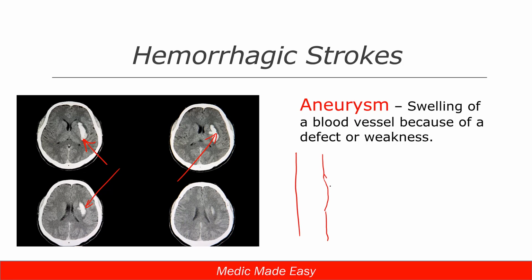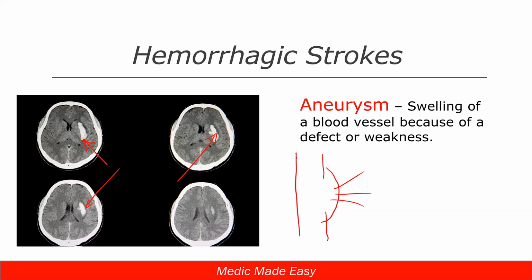And if the problem keeps getting worse, it's going to keep ballooning out larger and larger until eventually it ruptures. The wall of the blood vessel gets weakened so much that it tears through the wall, and now the bleeding is happening out into that tissue space.